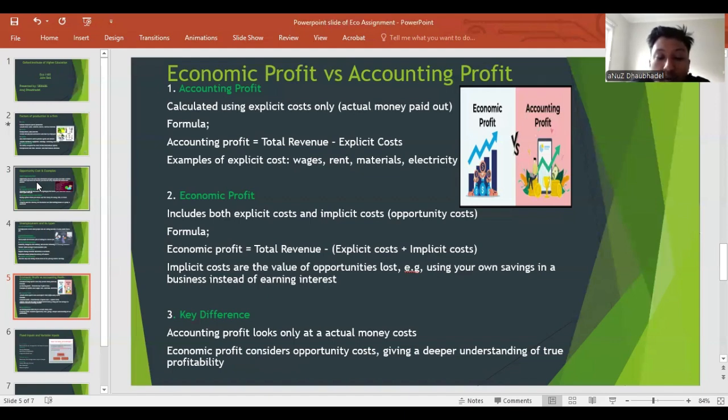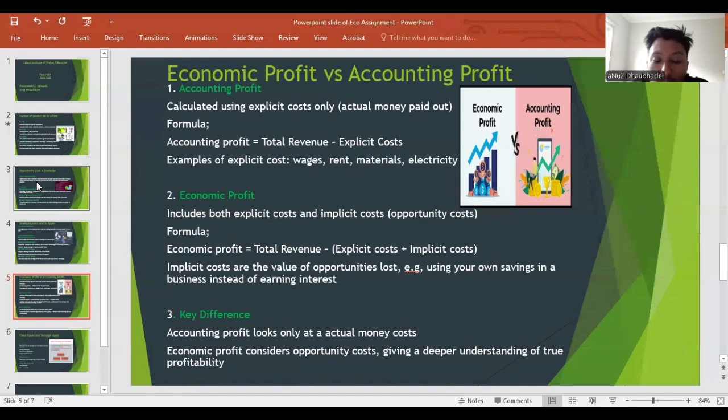The formula: economic profit equals total revenue minus explicit costs and implicit costs. For example, if you use your own savings to fund a business instead of earning interest, that foregone interest is an implicit cost. The key difference is that accounting profit looks only at actual money costs while economic profit also considers opportunity cost.